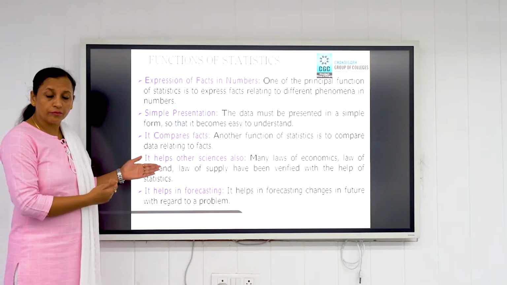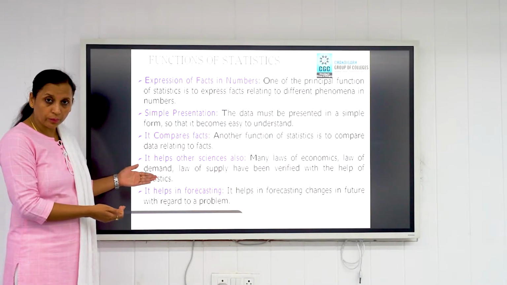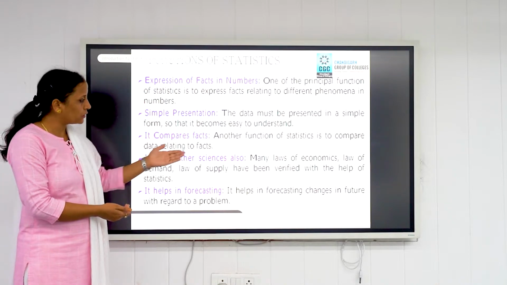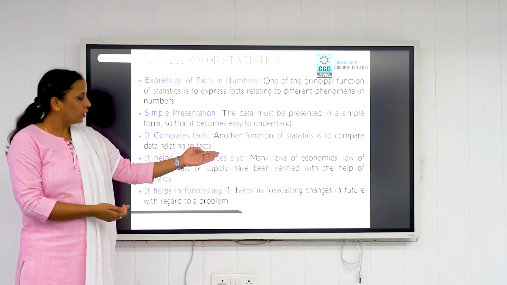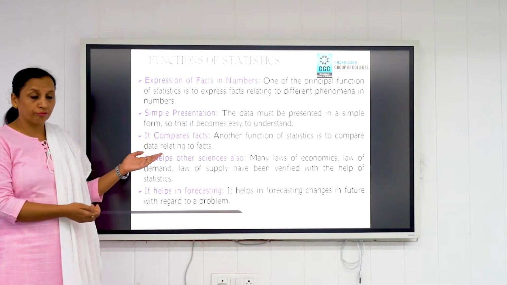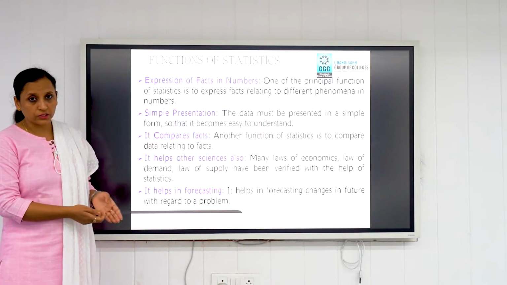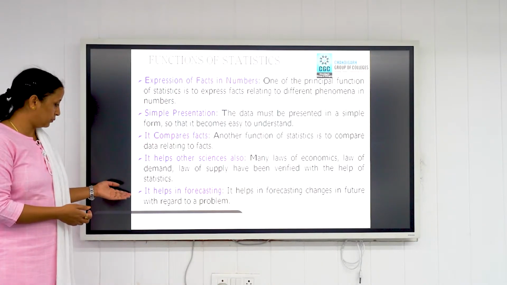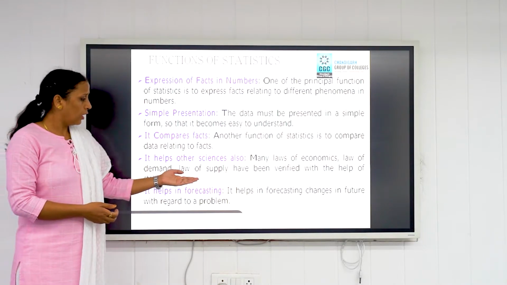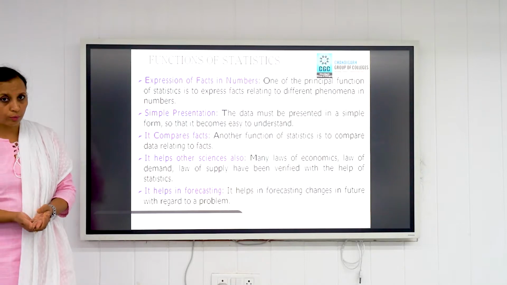The data we collect for a particular purpose is not used only for statistical purposes. There are other sciences, like many laws of economics, the law of demand and law of supply, where we can use that data in statistical form. And then it helps in forecasting changes in the future with regard to a particular problem.